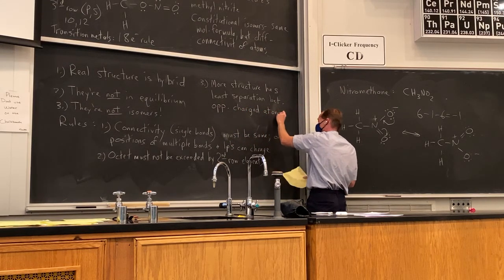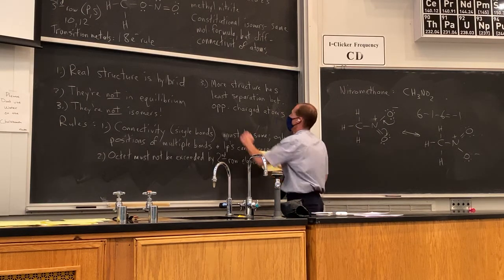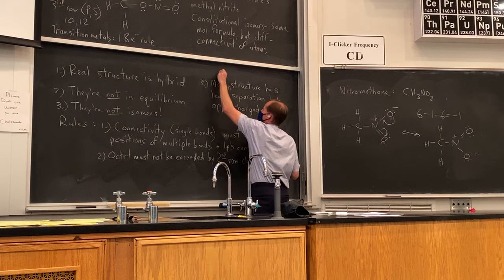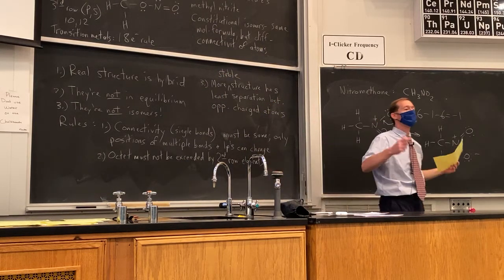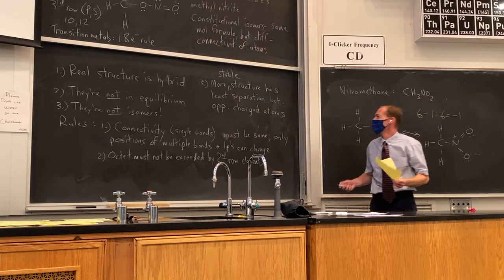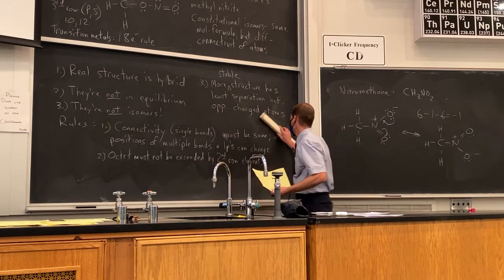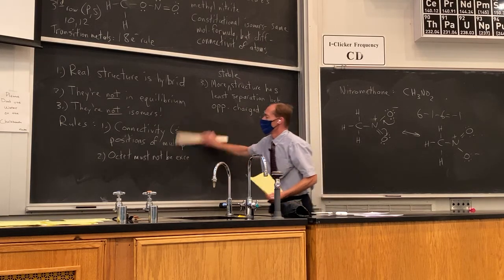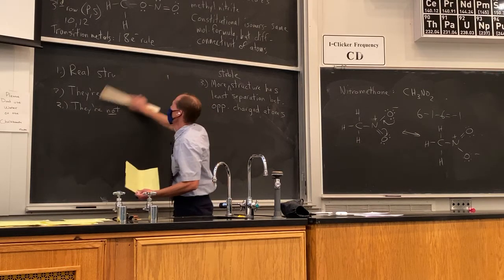Sorry, I forgot to write stable in there. So the more stable structure would have the least amount of separation between oppositely charged atoms. We'll show you an example of what we mean by this before we let you go.